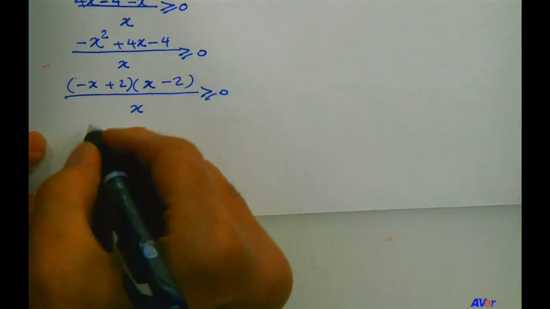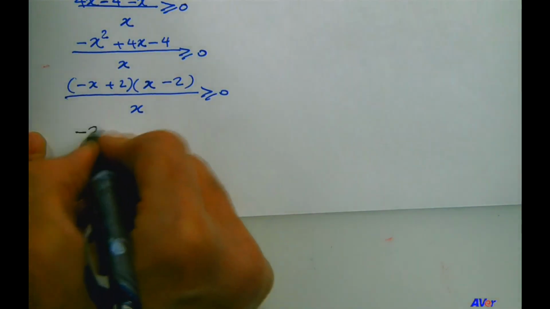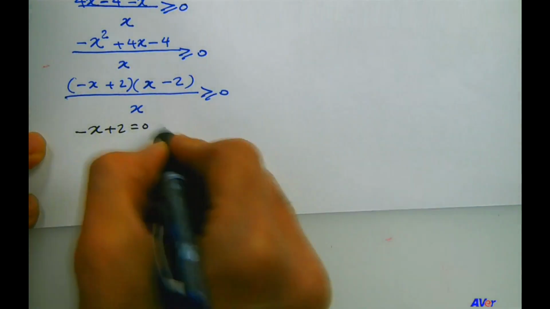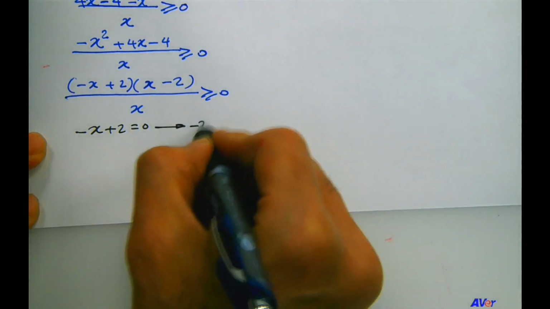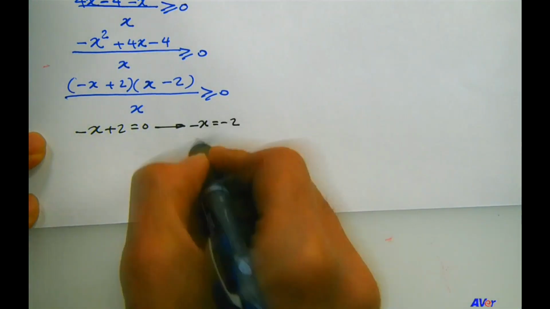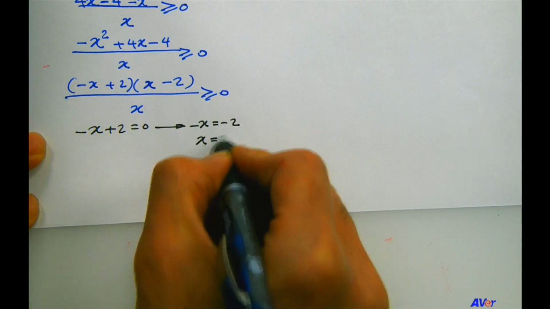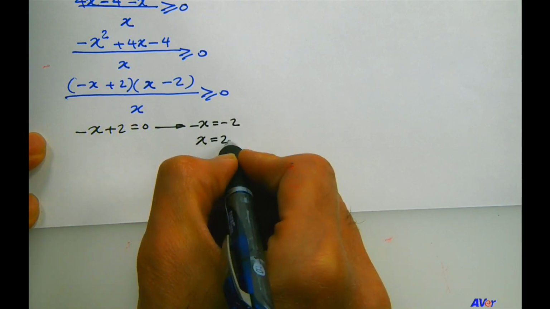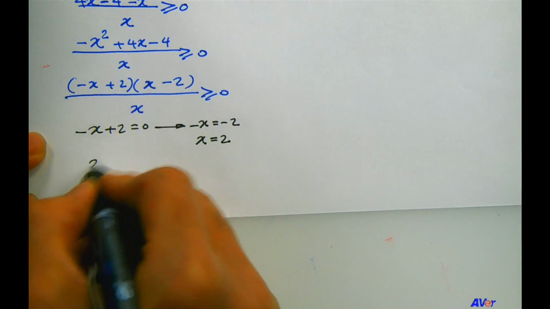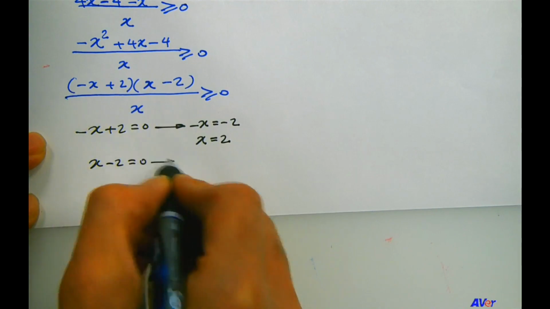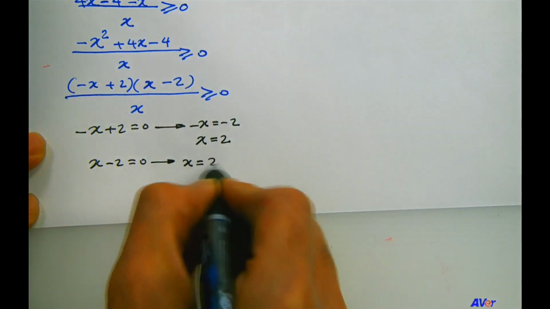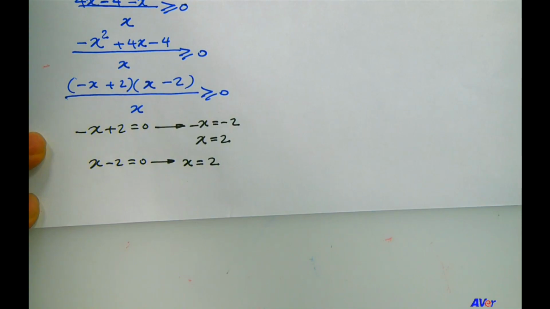So the critical values are as follows. Negative x plus 2 equals 0. Then negative x equals negative 2. Then x is equal to 2. Okay. Then x minus 2 equals 0. Therefore, x equals 2 again. Right?